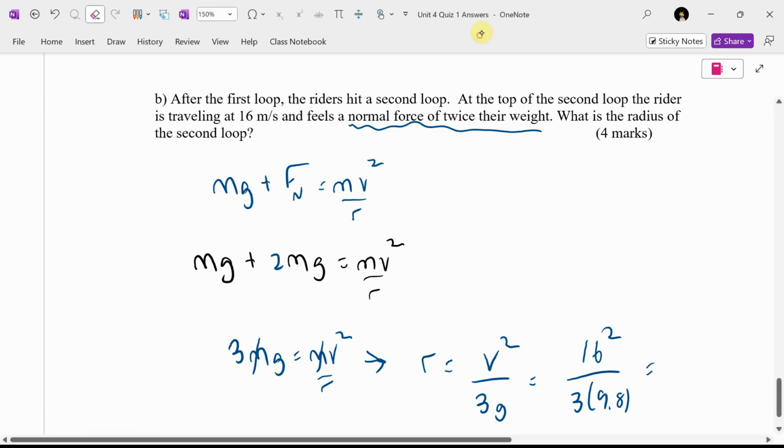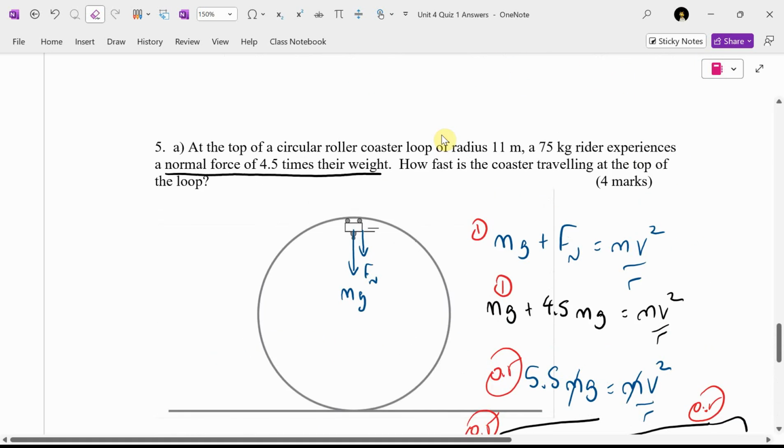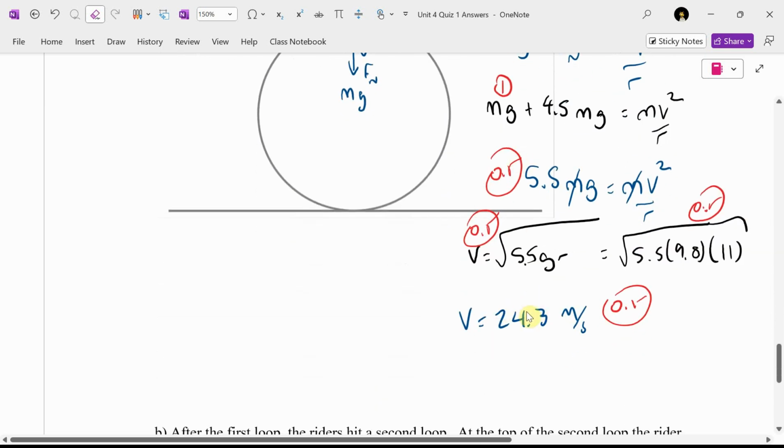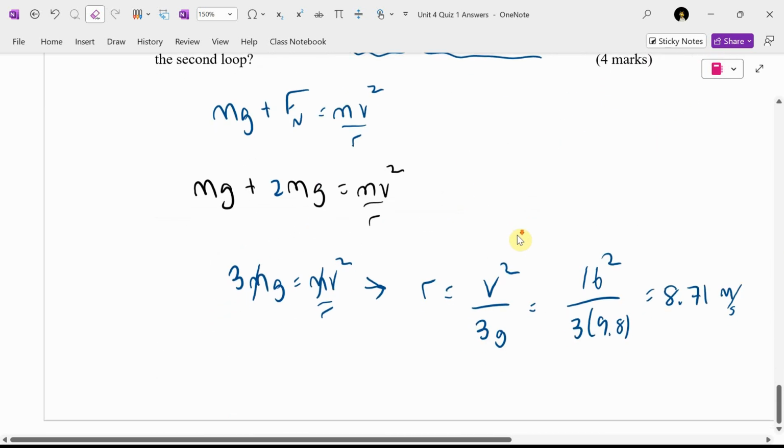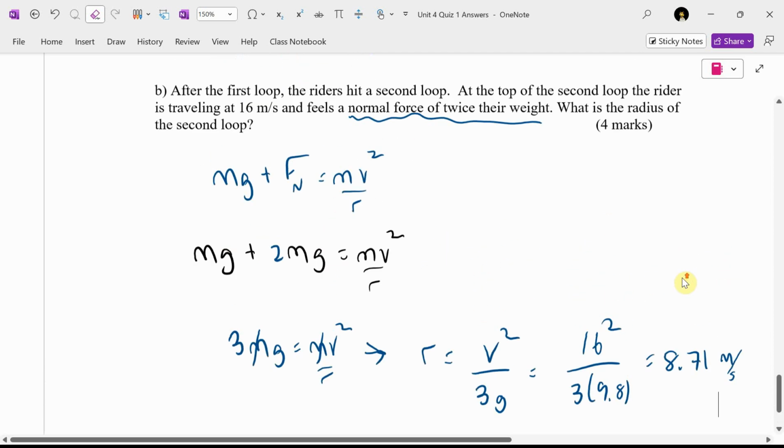Yep. I had some built-in error checks. I knew because the loop is smaller, you're not going to be going as fast, or are you going faster? How fast? Yeah, 24.3 at the top of the first loop, 8.71 meters per second at the top of this loop.